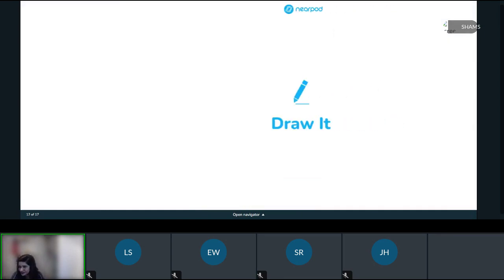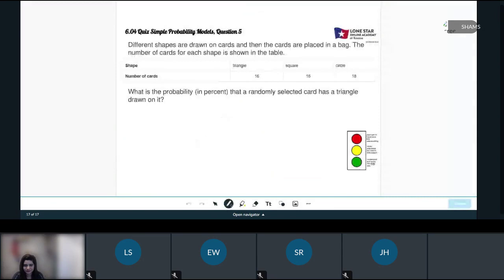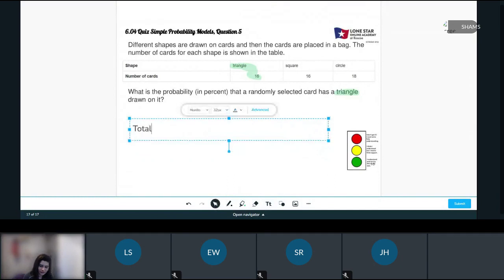Variety 3, question 5. In this one, we want to find the probability of selecting a card with a triangle. We know that there are 16 cards with triangles. So let's first find the total number of cards: 16 plus another 16 plus 18. I got a total of 50. So this is going to be a super easy question.